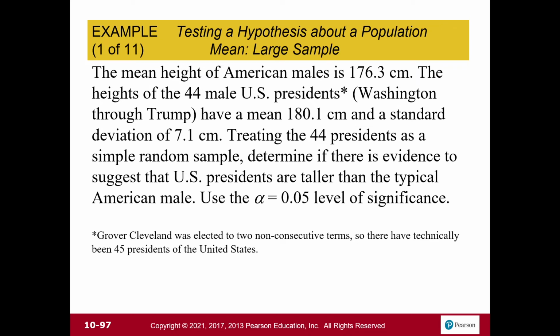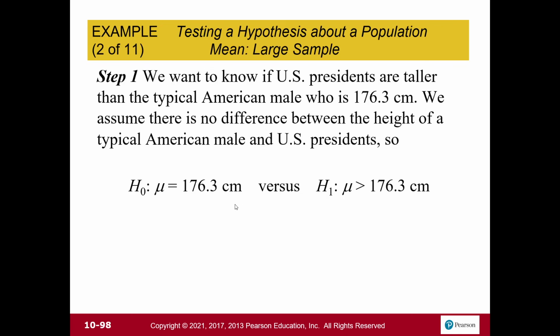So use the alpha 0.05 level of significance. And I think the key is that we're assuming that presidents are a simple random sample of all American males, and we actually know that it's not the case at all. But it's okay. We're going to carry on with this.